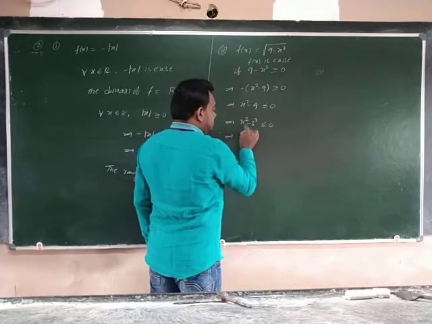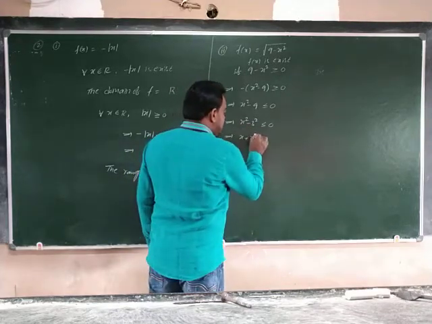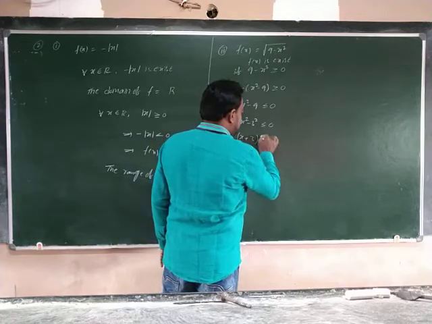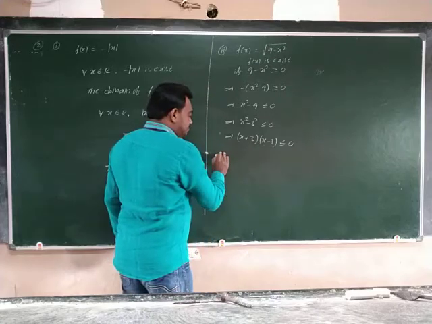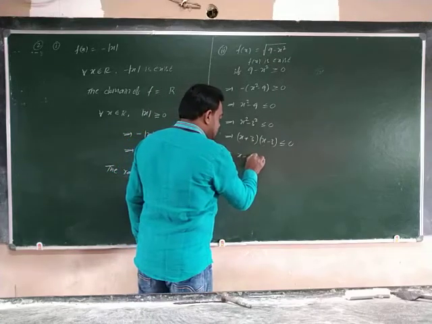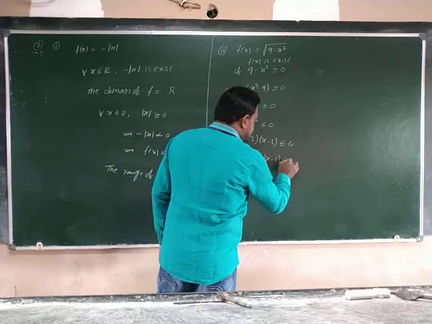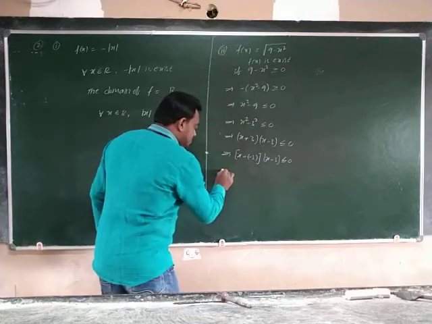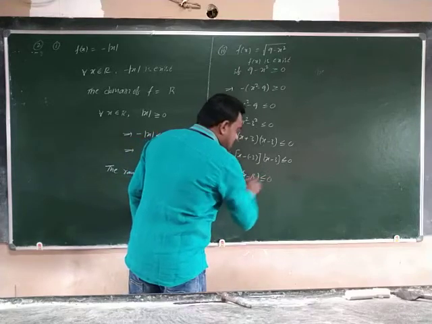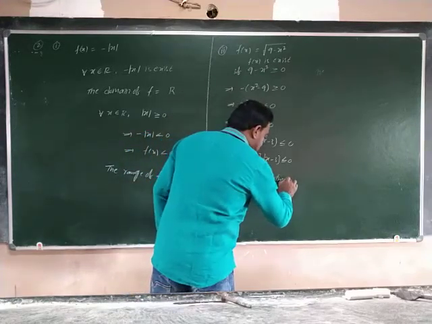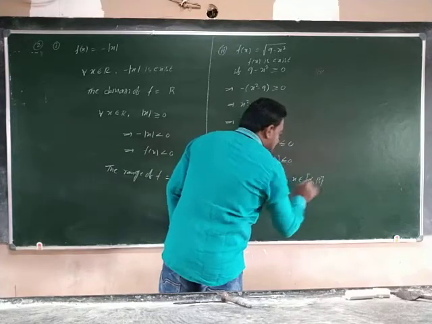It is in the form of a square minus b square, which equals a plus b into a minus b, less than or equal to 0. So x minus of minus 3 into x minus 3 is less than or equal to 0. It is in the form of x minus alpha into x minus beta less than or equal to 0. Then x belongs to the closed interval of alpha comma beta.